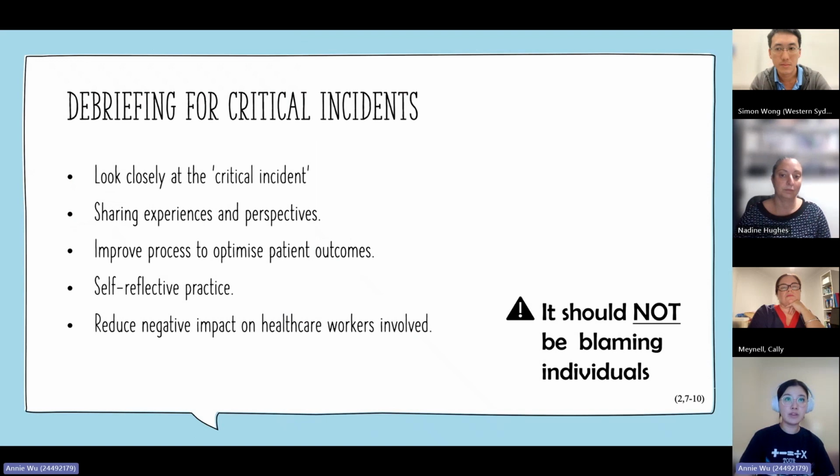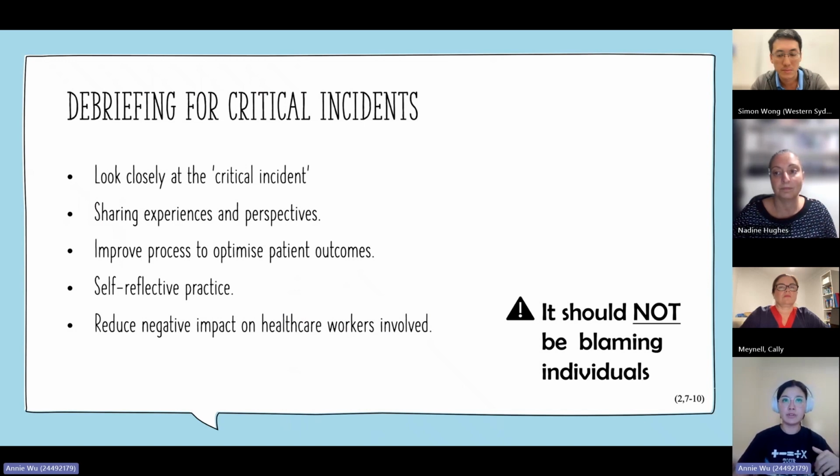So debriefing itself for critical incidents, I won't go over it too much, as Nadine will also cover this section as well. Recently, sometimes it's used more like a quality improvement project in hospitals. In particular, where I work, we're looking at critical incidents in terms of managing patient falls. So we debriefed after a scenario where a patient had a really bad fall because bed rails were put up.